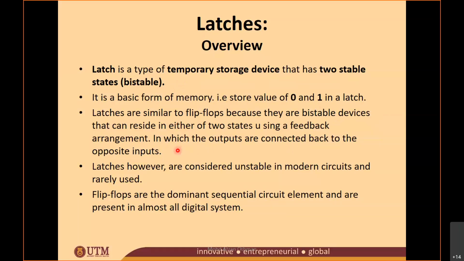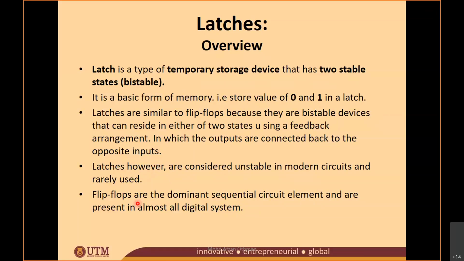Okay, so latch ni sama juga, dia punya function sama dengan flip-flop. However, these latches are considered unstable in modern circuits and rarely used. So latch sudah jarang digunakan sekarang sebabnya dia tidak stable. So kebanyakan untuk modern punya circuit kita akan gunakan flip-flop.